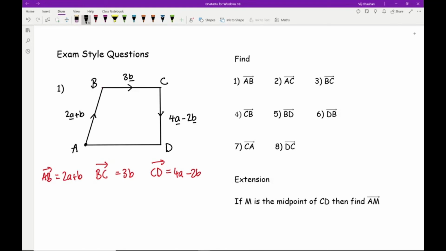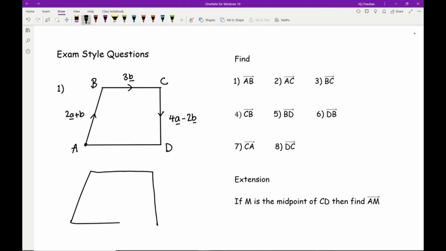So from this, what we now need to look at is write down the column vectors to get from A to B. Now, before we go on to answering these questions, I'm just going to do a little diagram. It's going to mimic the exact same one as you can see on your screen. But I'm going to go in the opposite directions to what you can see.